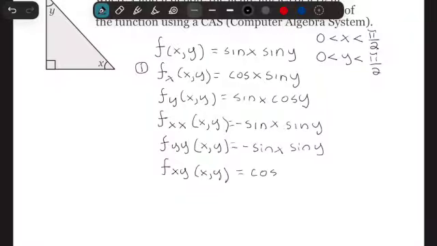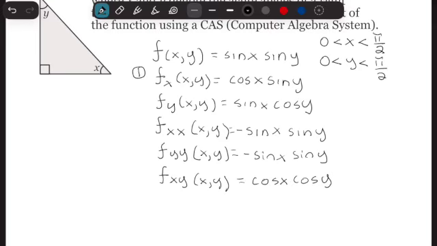That's going to be cosine x cosine y. Now that we have our partials, we can take fx and fy and then set them equal to 0. So, step 2. Fx(x,y) equals cosine x sine y equals 0.